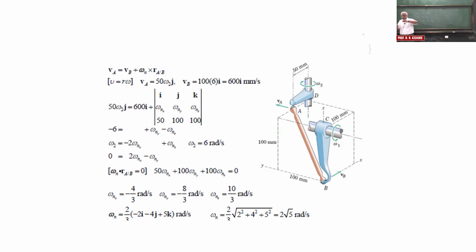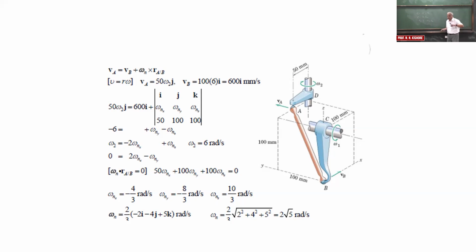If you have a cup here, this rod can rotate in it, and similarly with another cup at the other end. That means that along the line AB, it is free to rotate. Along the line AB there is no constraint, so it has a freedom to rotate about the AB axis.